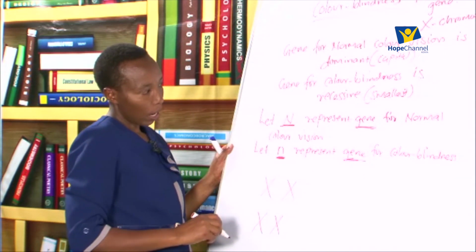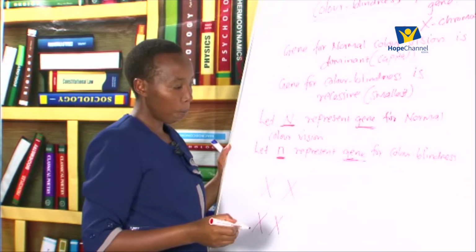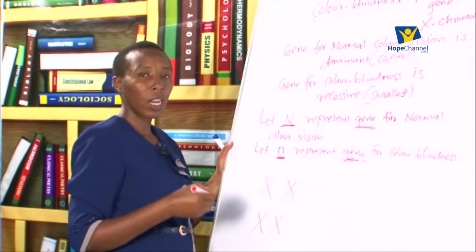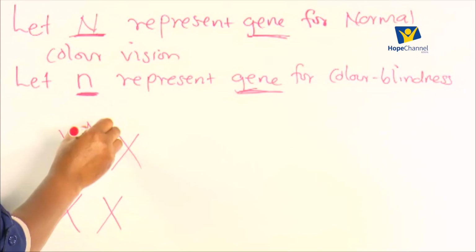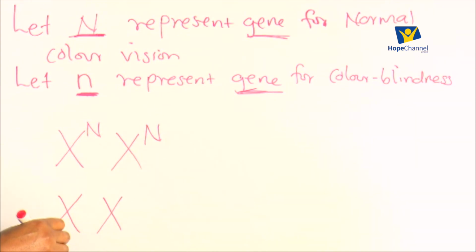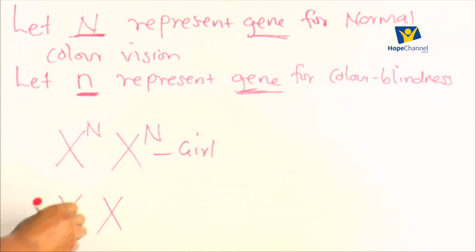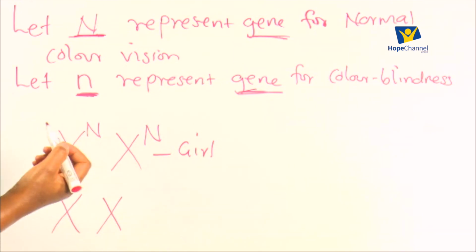Now the girl can have a normal color vision either in homozygous condition or heterozygous condition. If it is homozygous condition, then that is the genotype for the girl. This is a girl who has a normal color vision, but in homozygous condition.